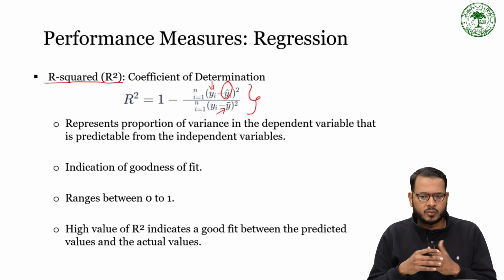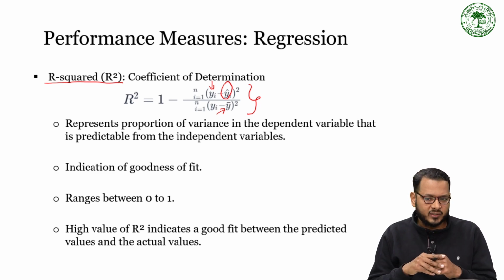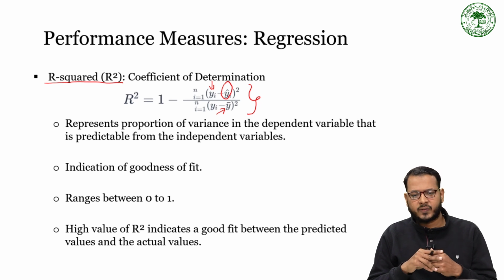A high value of R squared indicates a good fit between the predicted values and the actual values. It signifies that a significant portion of the variance in the observed data can be explained by our regression model, highlighting its effectiveness in making predictions.